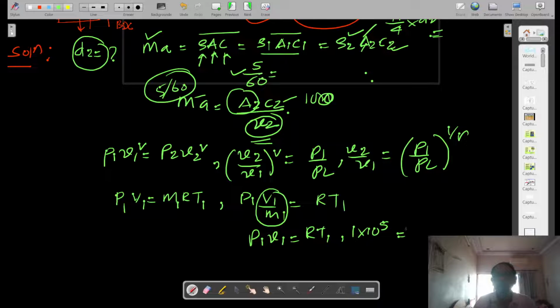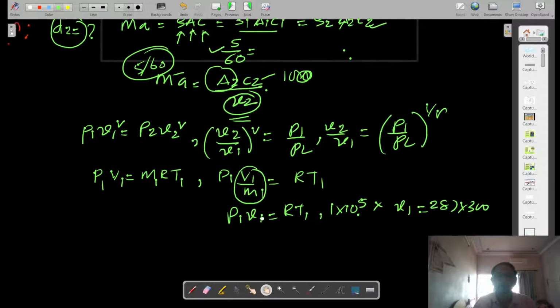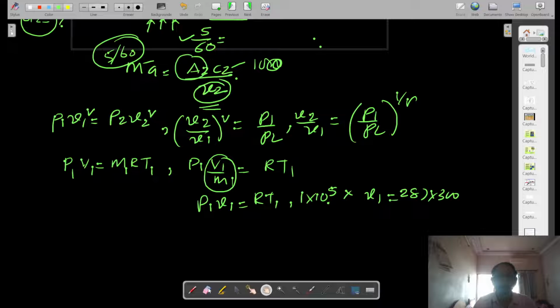I want to find V1. The value of V1 is given by R equal to 287 and temperature 300 Kelvin. So you can find the value of V1 now. The specific volume at point 1, that is the entry, comes out to be 0.86 meter cube per kg.